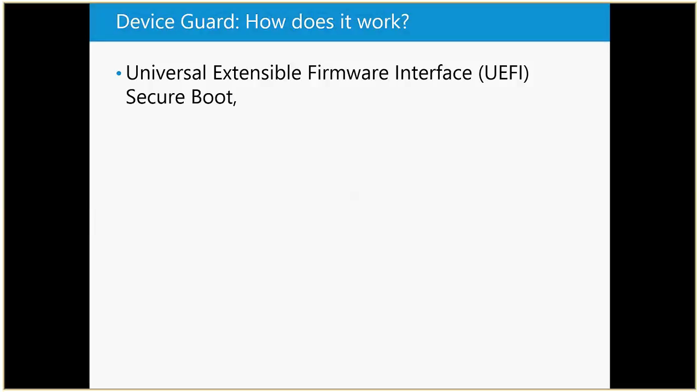There is a replacement for BIOS. It's called the Unified Extensible Firmware Interface, or UEFI. With UEFI, you can implement secure boot. What that means is the software that is effectively the BIOS, although we call it UEFI now, has a signature.